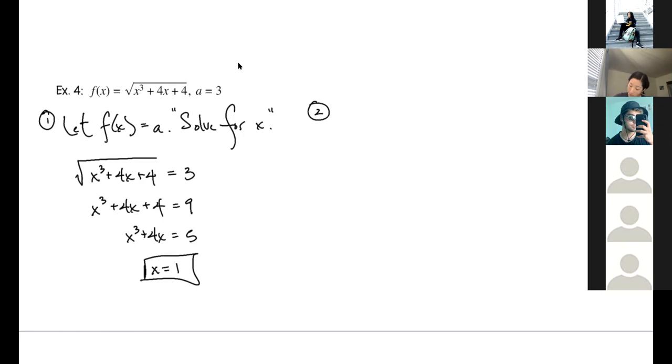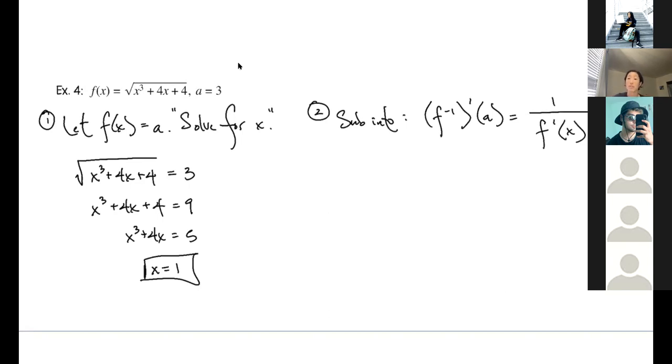The next thing you're going to do is use the formula. So sub into the formula: the derivative of the inverse at a equals 1 over the derivative at the x value that you just solved for.